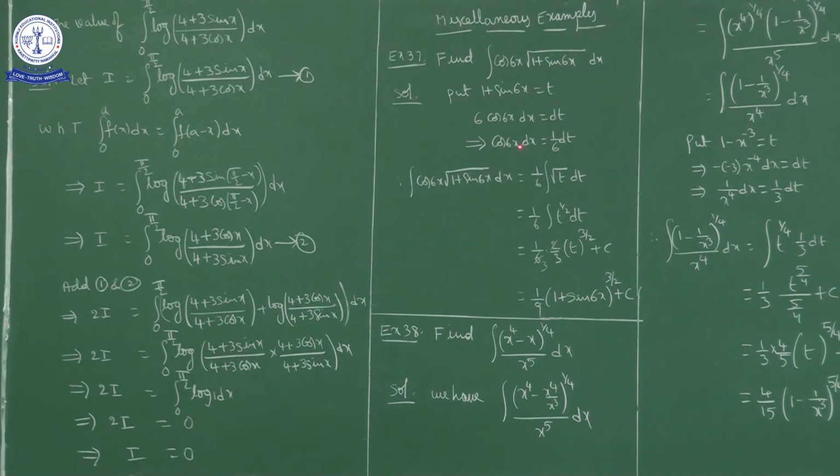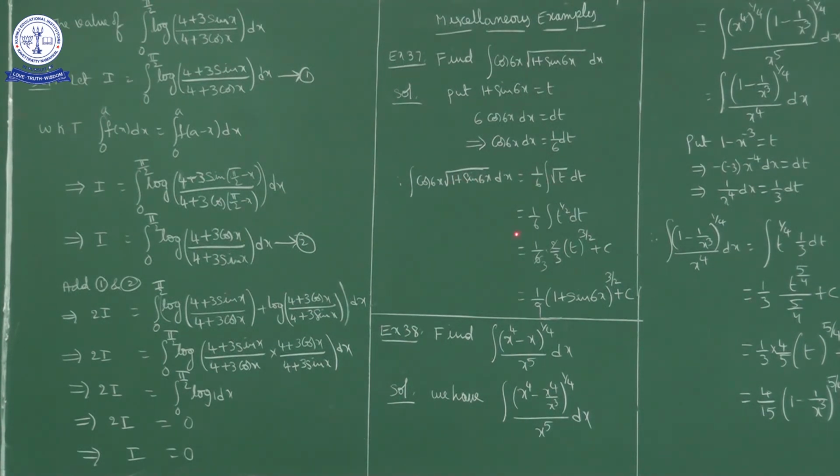So cos 6x dx is equal to 1 by 6 dt. Now using this, we have integral cos 6x into square root of 1 plus sin 6x dx, where cos 6x dx is 1 by 6 dt, and square root of 1 plus sin 6x is square root of t.